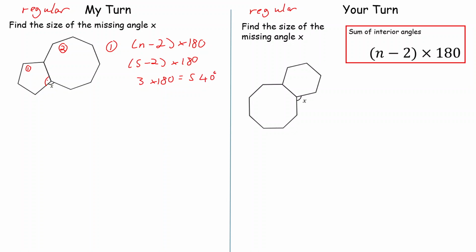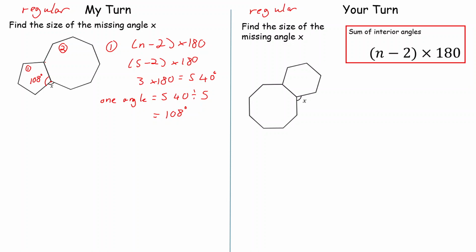But you want to get one of these angles here because we're going to use that later to get the sum around the point. So one of the angles is going to be equal to 540 divided by 5, which is 108 degrees. So this angle here is 108.